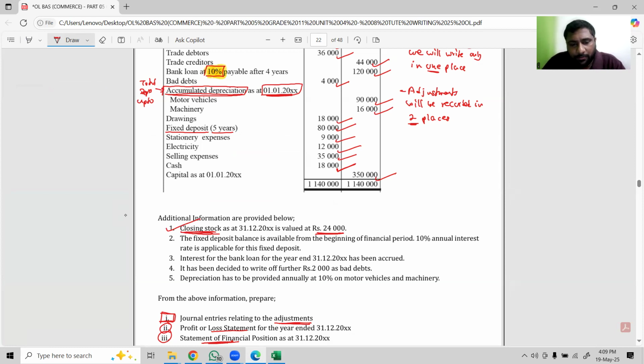Next one, what are they telling? The fixed deposit is available from the beginning of the financial period. A 10% interest rate is applicable for the fixed deposit.